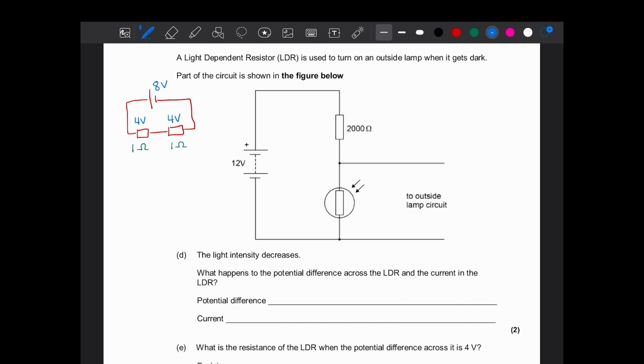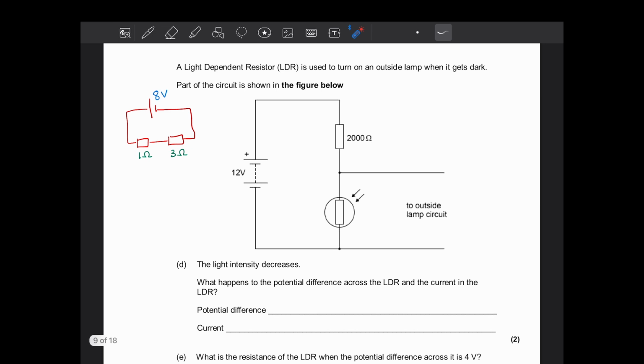So for instance, what happens if instead of a simple 1-to-1 ratio, I've got, for example, 3 ohms over here and 1 ohm over there. This potential difference is going to be divided in a 1-to-3 ratio based on the individual resistance of each resistor.